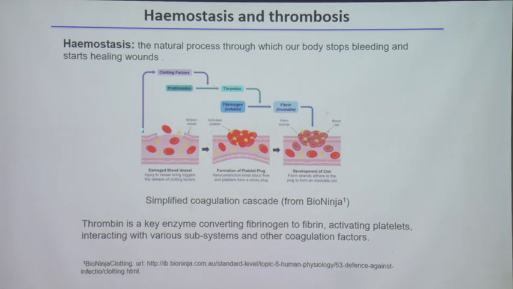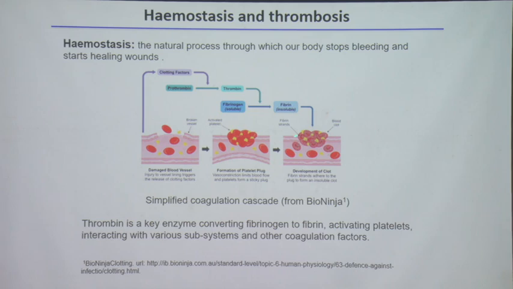But because the injury triggers the release of clotting factors, these can set off a series of very complex biochemical reactions. One of the key players in this process is thrombin. Thrombin is a very important enzyme, and it can convert fibrinogen, which is soluble in blood, to fibrin, which is non-soluble.